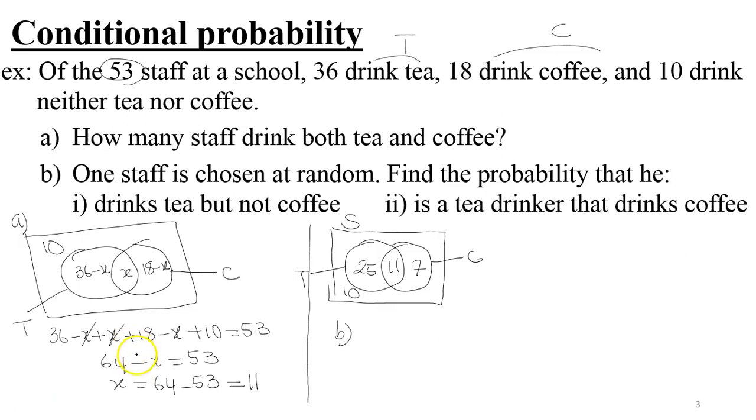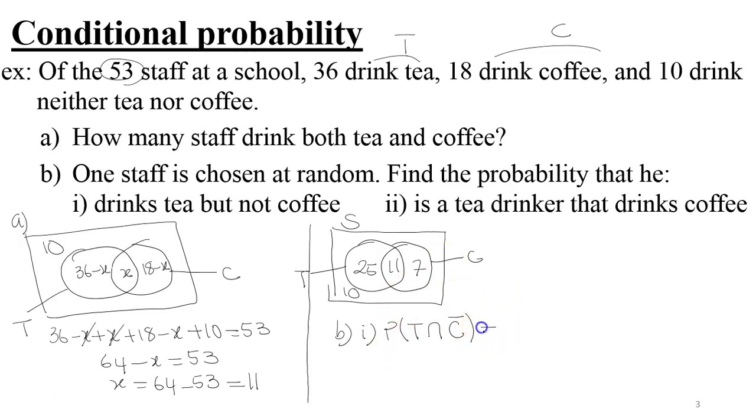So if we look here at part I, we want the probability that the staff member chosen drinks tea but does not drink coffee. Now over here, we do not have any of the two events realized. So we're just looking for the intersection, a staff member that drinks tea and does not drink coffee. So this is the probability of T intersect C bar, the opposite of drinking coffee.